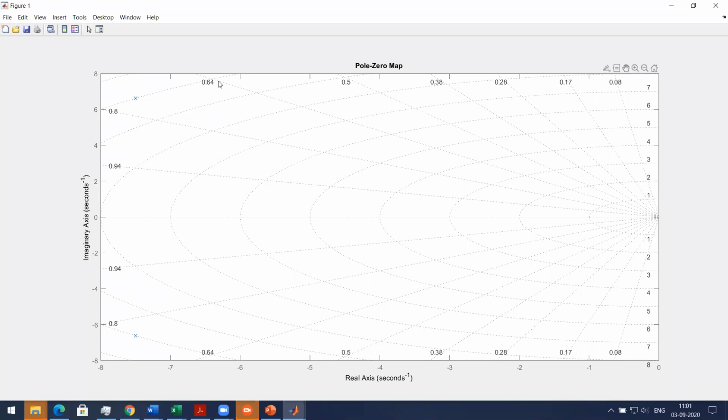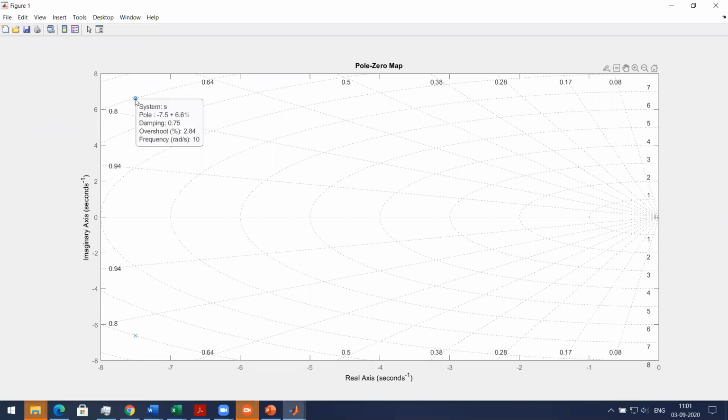Now this thing is 0.75. As you see here, this is a 0.64 damping ratio line in a pole zero map, and then this is a 0.94 line. This is a 0.8 line. So 0.75 should lie between 0.64 and 0.8. The 0.75 line can be drawn like this. If you take it from the center, the line should come like this.